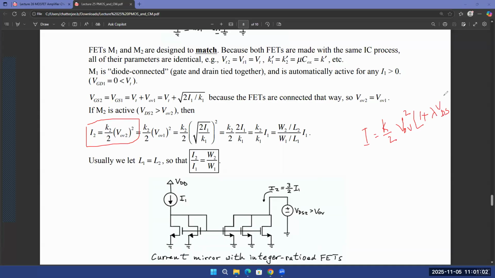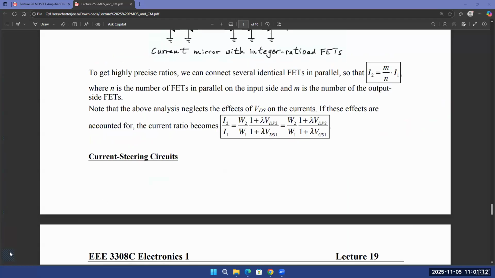So if you want to take into account the effect of lambda, then you just need to modify that equation accordingly. And what you'll end up with is that your I2 over I1, which was just a ratio of W2 over W1 earlier, will now be a ratio of W2 times 1 plus lambda VDS2 divided by W1 times 1 plus lambda VDS1.